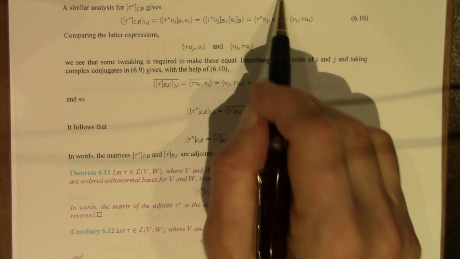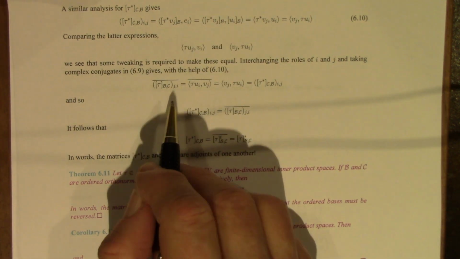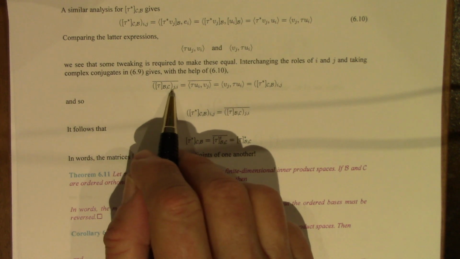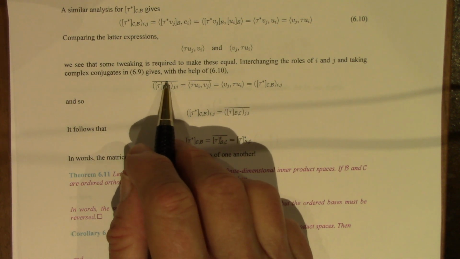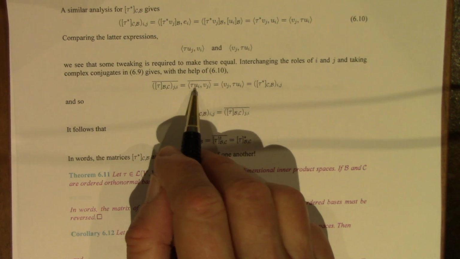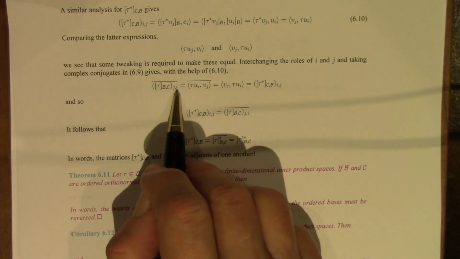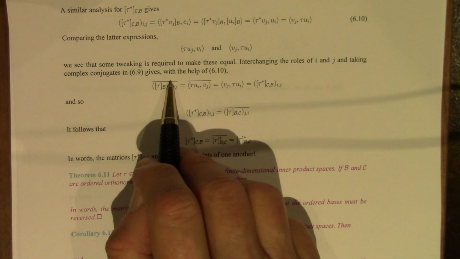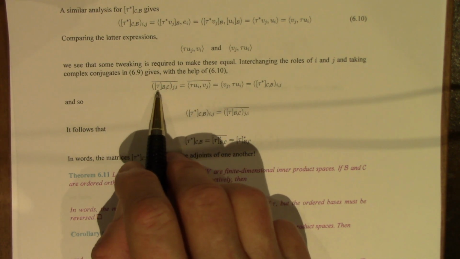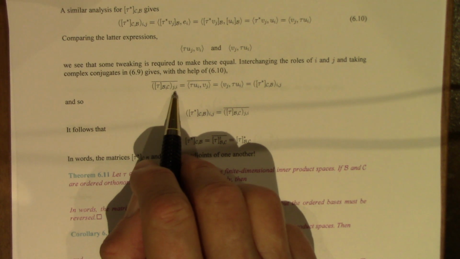That's going to turn this into this. Okay. And here's what happens. I've interchanged i and j and taken the complex conjugate. That is equal to this, because if you ignore the bar, since they're the same on both sides, this is the jith entry of the matrix.